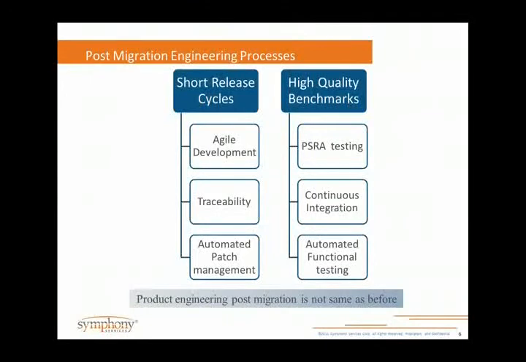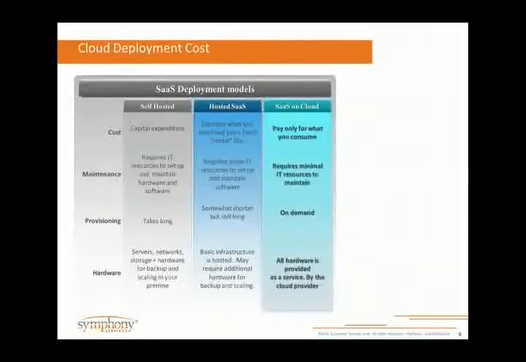Similarly, for the impact on provisioning, in your own data center it's like any on-premise provisioning. It takes a long time. Hosted SaaS works in a rental model where the capacity is blocked in advance, so if we want to make any changes, they probably have a few options available. It may be a little shorter, but still long. But SaaS on cloud is truly elastic.